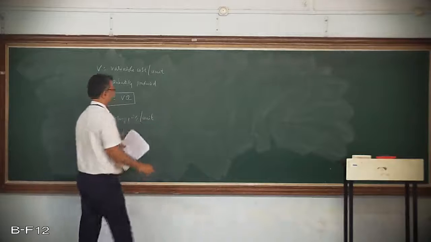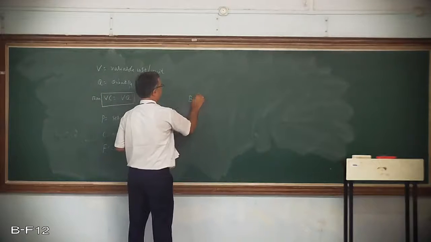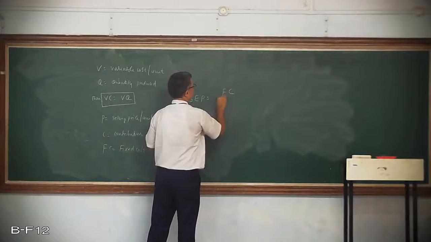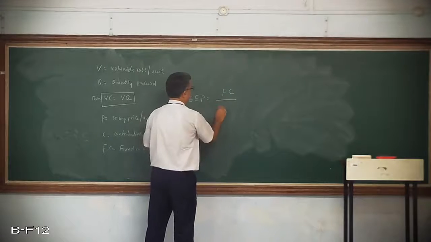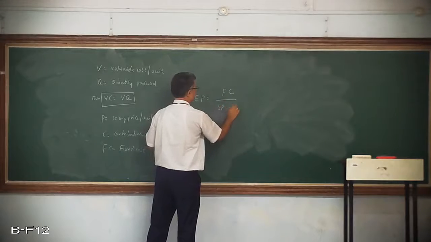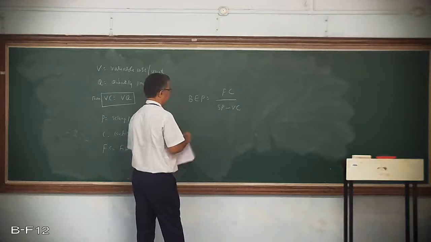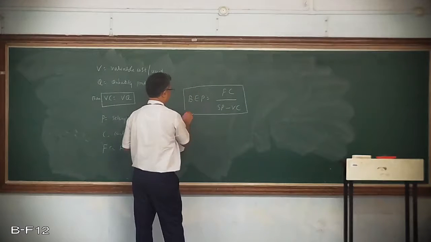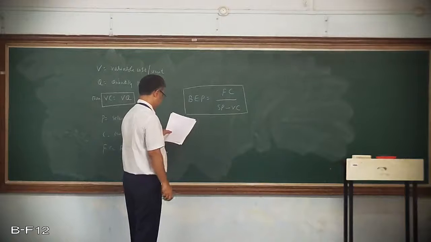So then break-even point BEP is equal to fixed cost by selling price minus variable cost. This is a formula used to calculate break-even point. That's a break-even quantity.